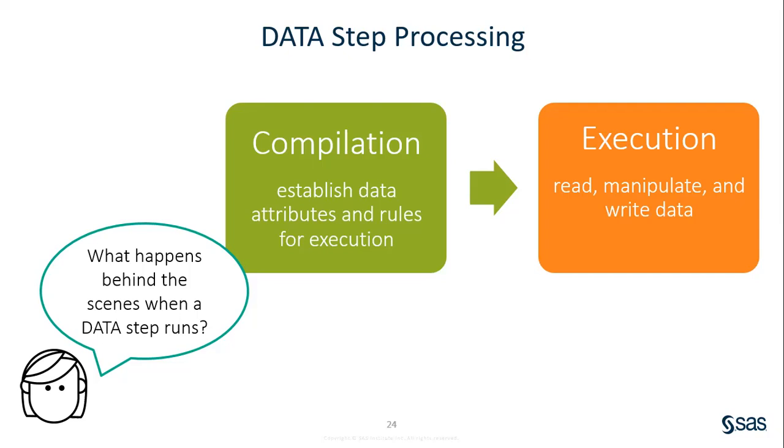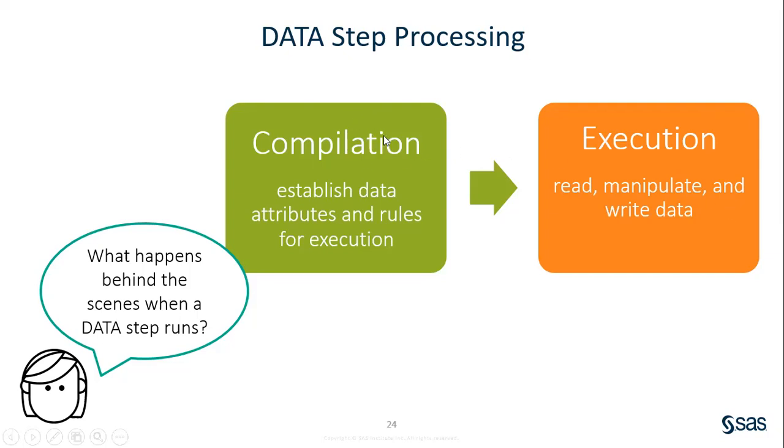Because the output you want is poha, you look into the preparations, like chopping the onions and keeping your pan ready, and then you start step by step adding the process of creating poha. Adding the contents into the pan is execution, and the result is the dish, which is your poha. That is what happens when a data step is processed: we have compilation and execution.